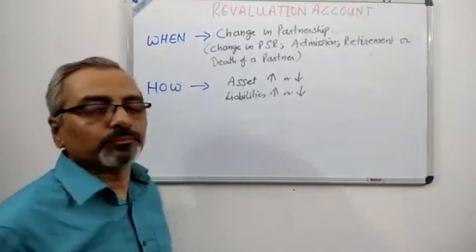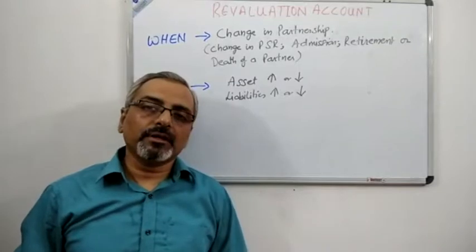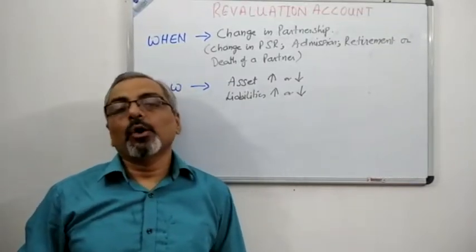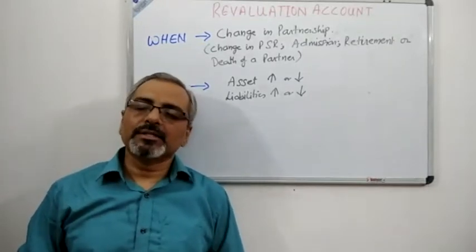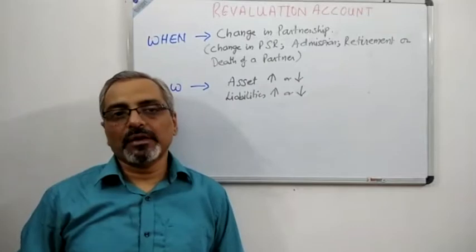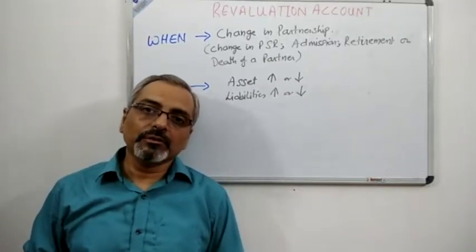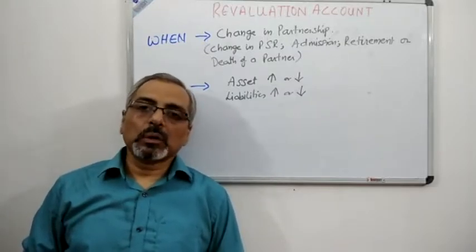Now as you know, assets and liabilities are two opposite items, and whatever the treatment is for an increase in the value of an asset, the opposite treatment will be for the increase in liability, and vice versa. In simple words, if the value of an asset is increasing, we generally record it on the credit side of the revaluation account, and if the value of liabilities increases, we record it on the debit side of the revaluation account.